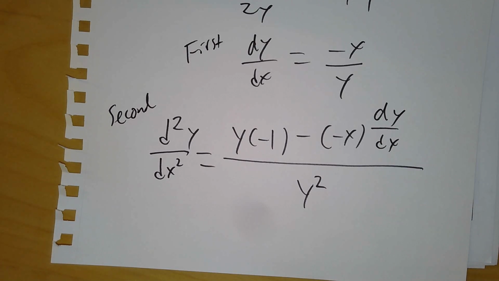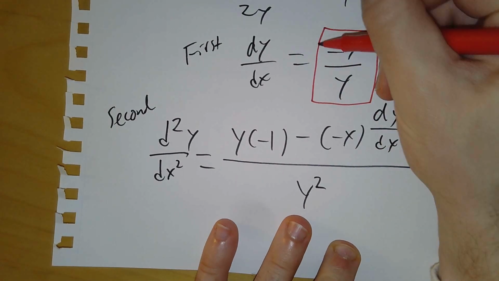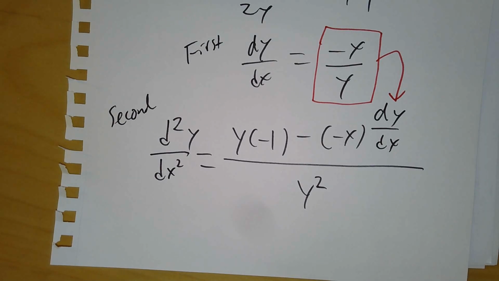If it asks you to put it not at a point, what you do is just replace dy/dx with this. You take this value right here and replace that dy/dx with negative x over y, and that would technically be your final answer. Does that make sense?